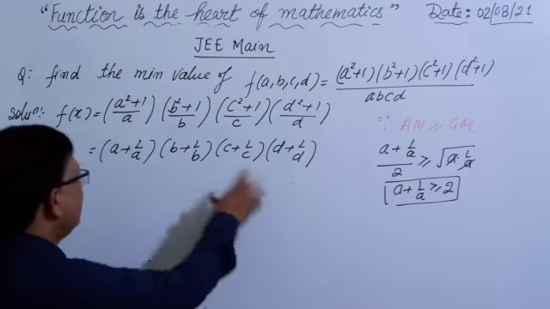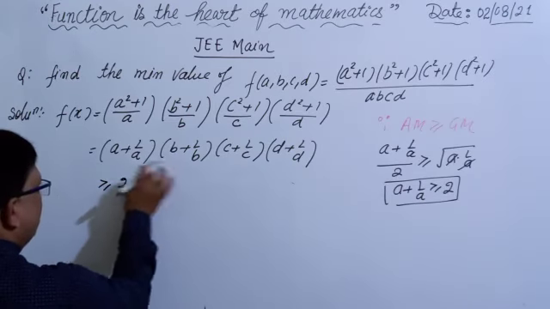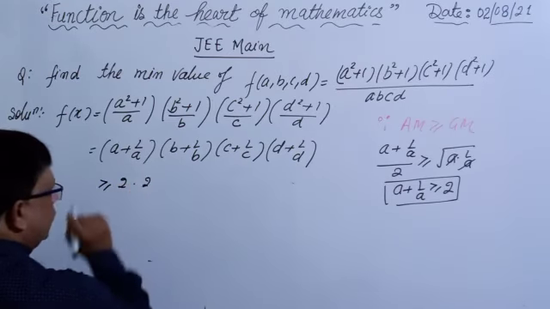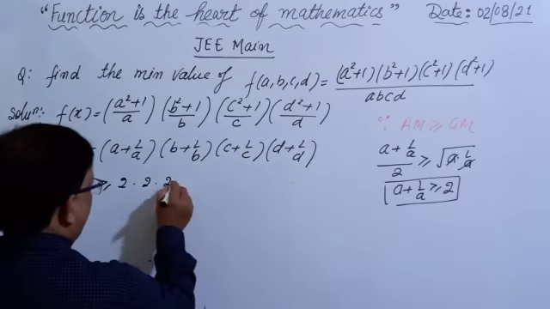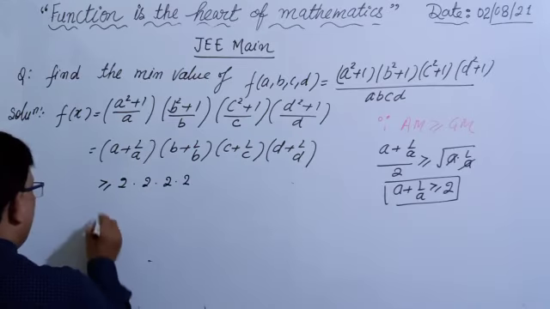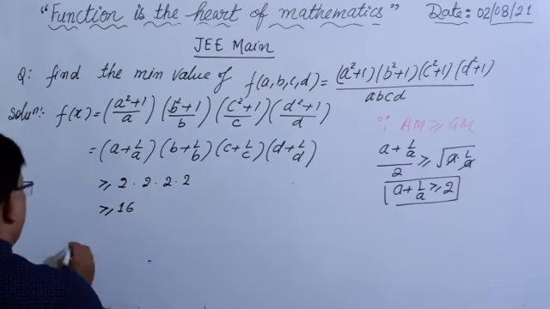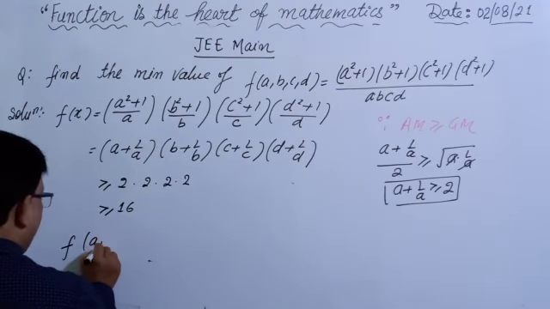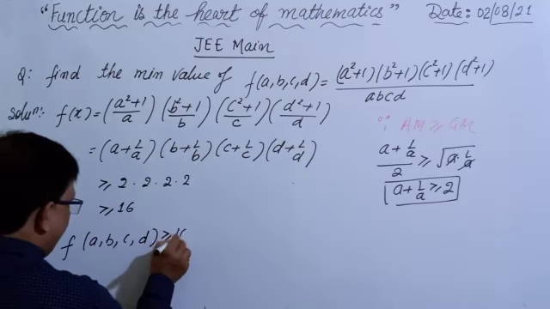So here we use the concept that this value is greater than or equal to 2. This is also greater than or equal to 2, this is also greater than or equal to 2, this is also greater than or equal to 2. So if we multiply these, we get 16. It means the value of f(a, b, c, d) is greater than or equal to 16.